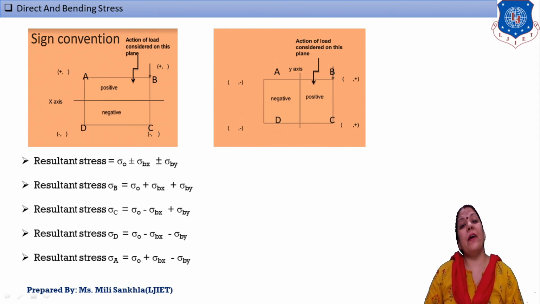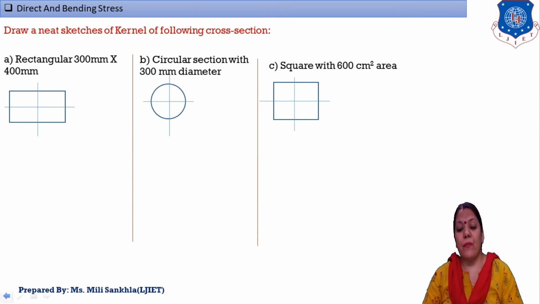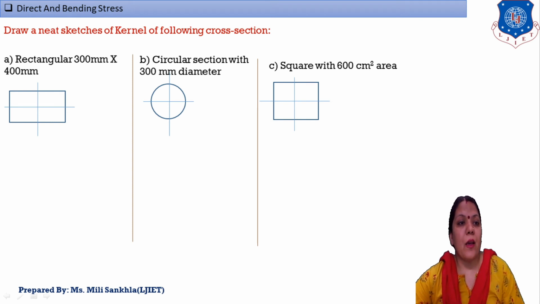This applies when the data asks to find the stresses at the corners of the column. Now next, we find the eccentricity for different types of section. First we start with the eccentricity for the rectangle section. Draw a neat sketch of the core and kernel for a rectangle 300 mm by 400 mm.